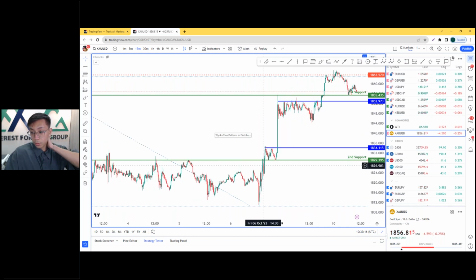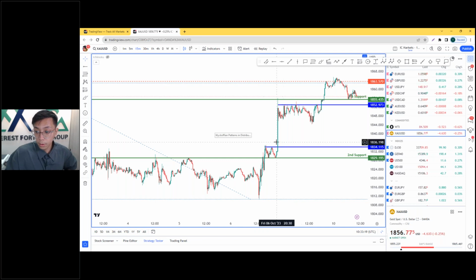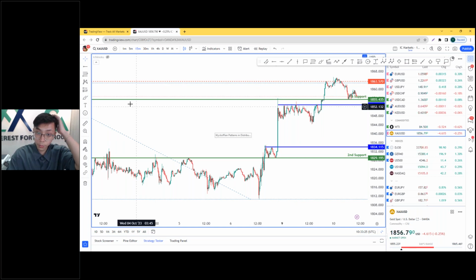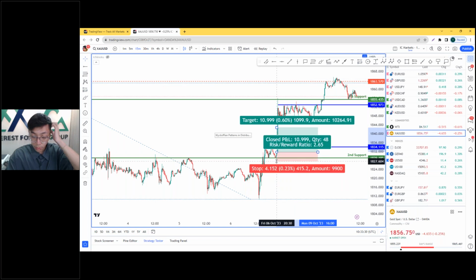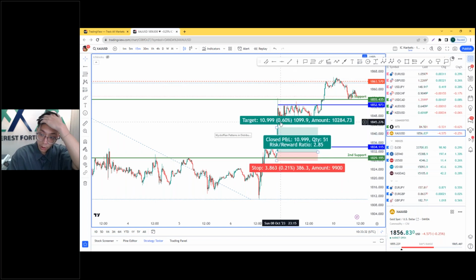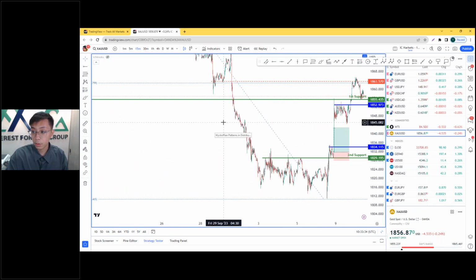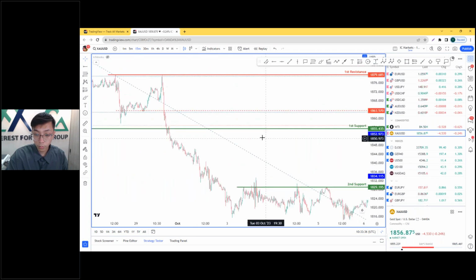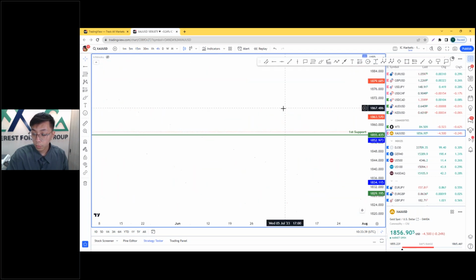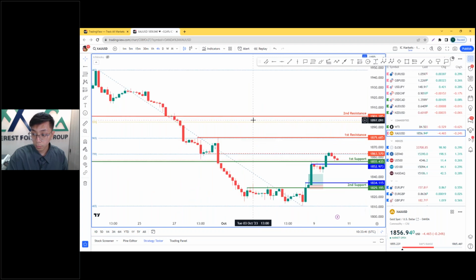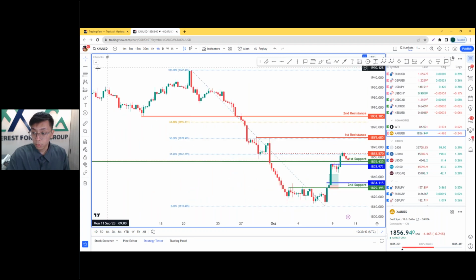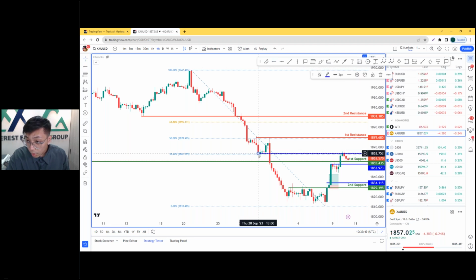This is my SOS, okay? Then after that, I'll be looking for buys. So my stops, let's say long position right here, stops placed below the lows. Target, where will I think price goes? I believe it goes all the way to this level right here.